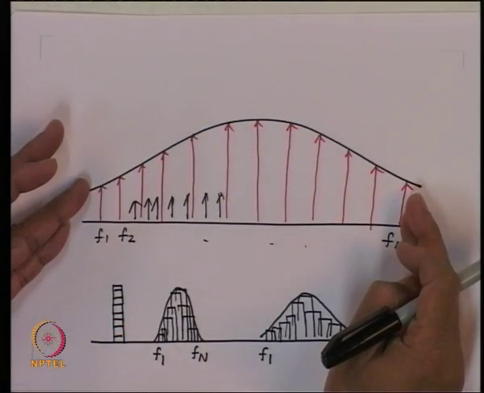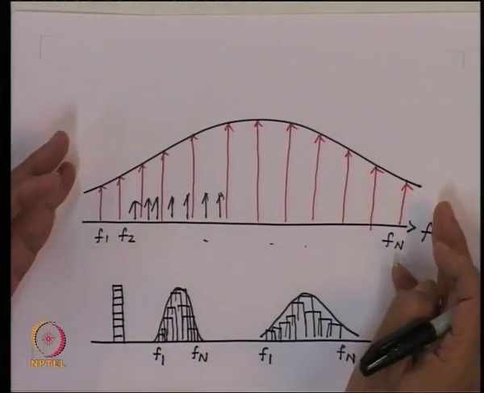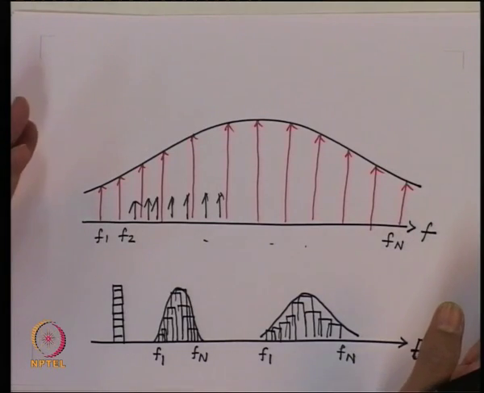So, two things now are important to observe here, that if I talk about a dispersion, then the pulse broadening is directly related to the intrinsic spectral width of the carrier. More the spectral width, more will be the pulse broadening.